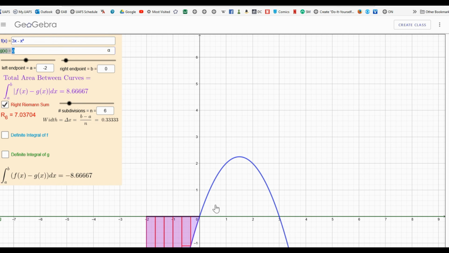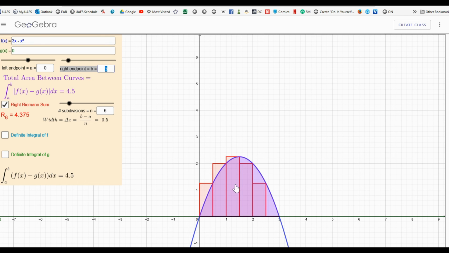And we're going to go from 0 to 3, this part up here that's bounded by them. So A is going to be 0, and B is going to be 3. So there's the shaded region. There's some of the rectangles that are in there for revolving for the Riemann sums.